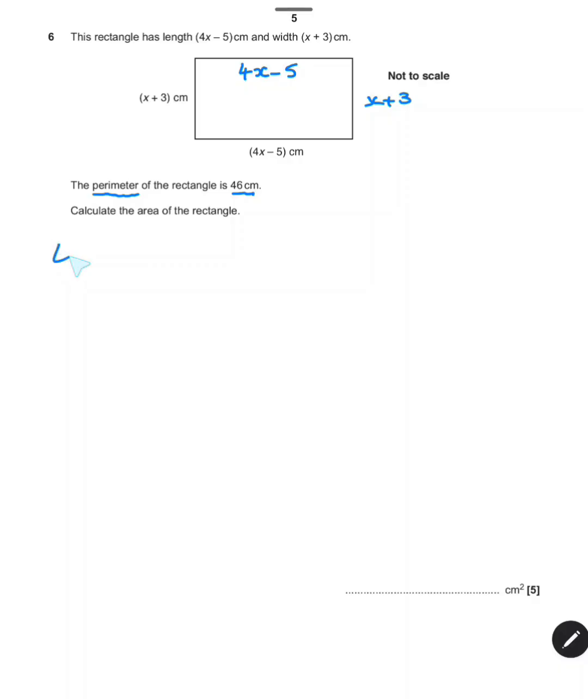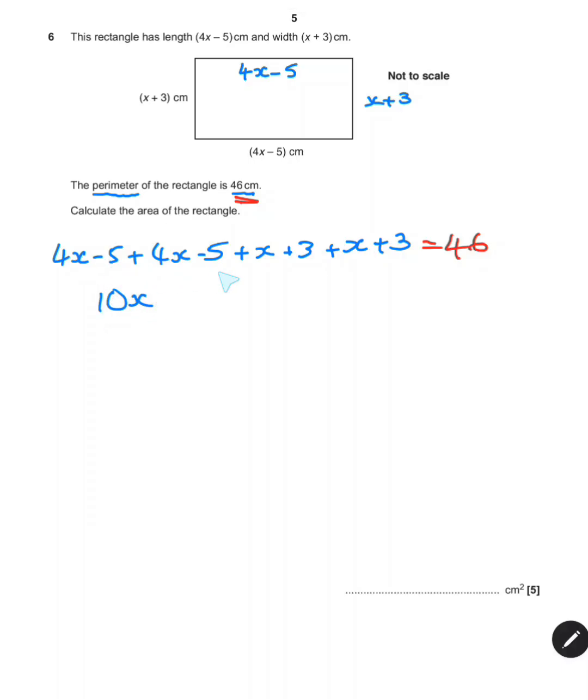Because we're given the perimeter is 46, we can say that all equals 46. I'm going to simplify the algebra on this left-hand side. I've got 4x, 8x, 9x, 10x's. We've got -5, -5, that's -10.